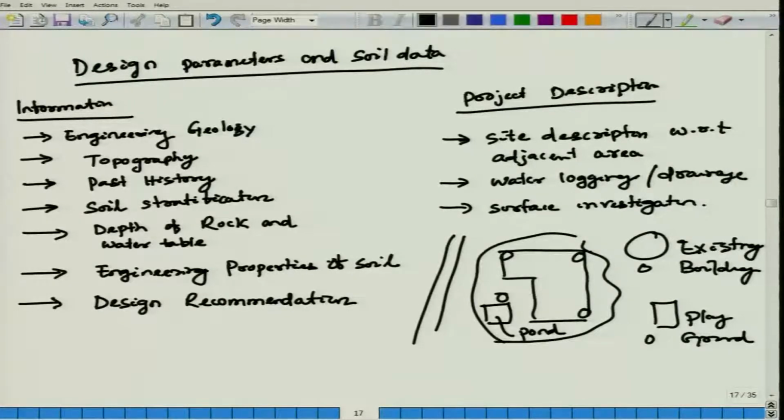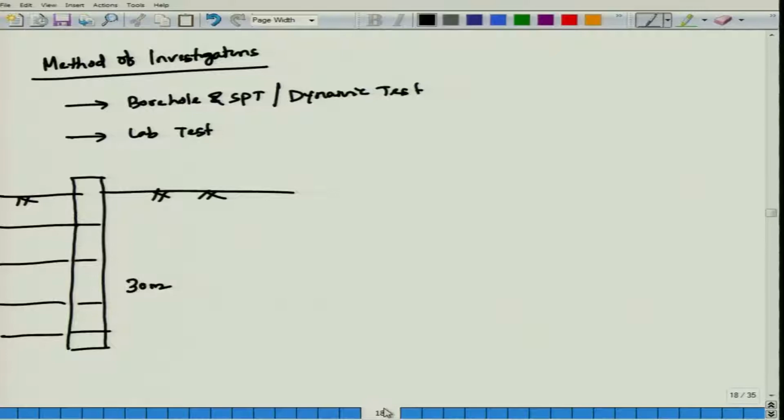Write the project descriptions, that means where it is located, nearby what are the existing buildings, roads, playgrounds or any nala or any pond, you prepare a map. Then method of investigations, both laboratory and field test, you have to take a call how many boreholes and what depth you have to go for the boreholes, and what samples you are collecting, whether you will go for SPT or CPT.